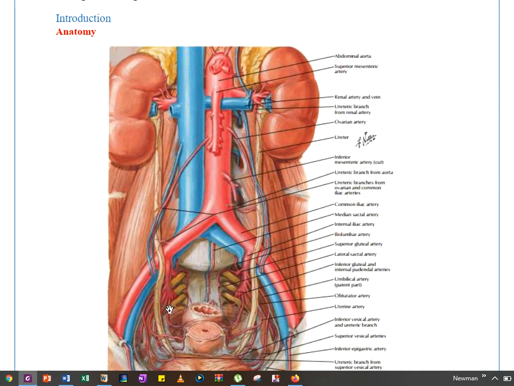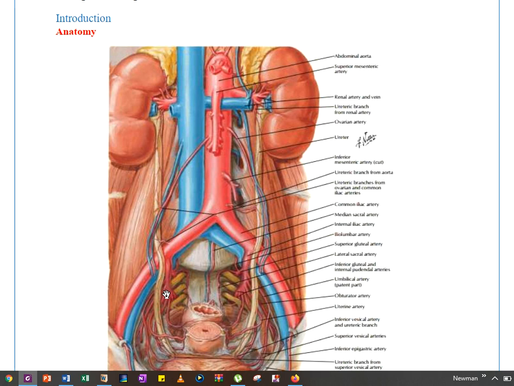Then the distal part has a blood supply mainly from the internal iliac arteries.